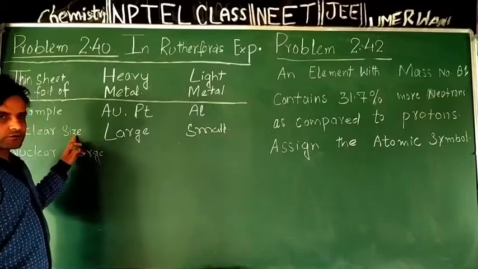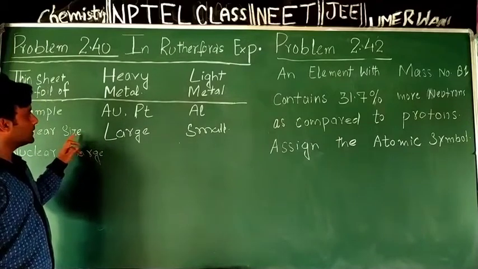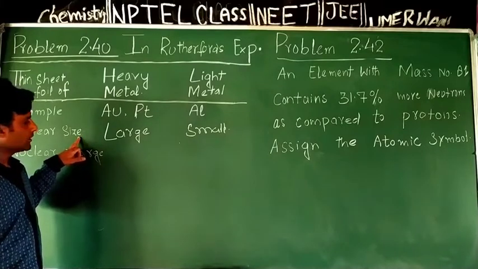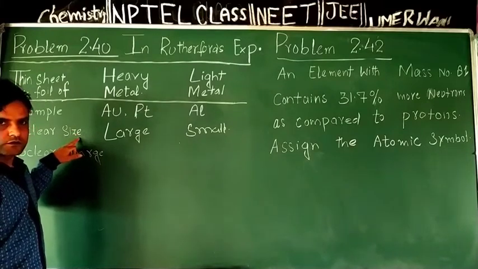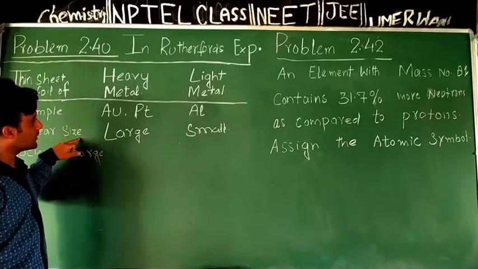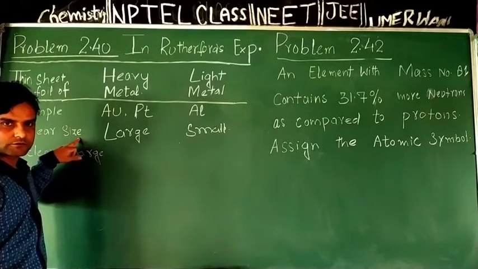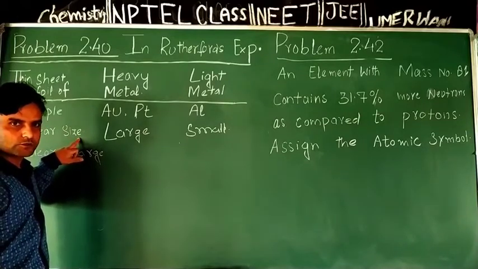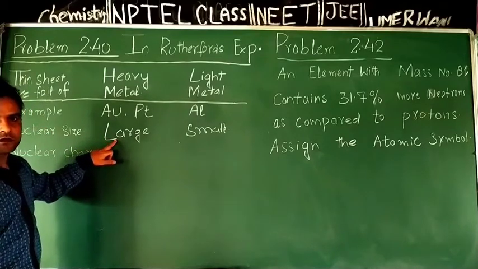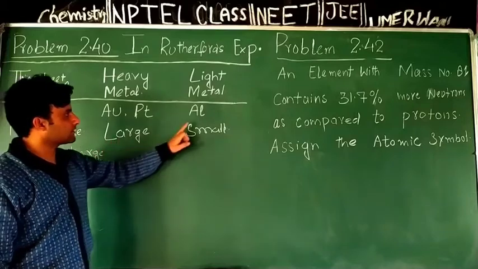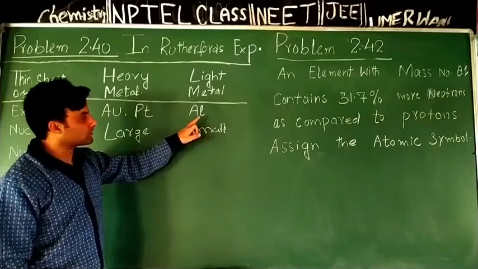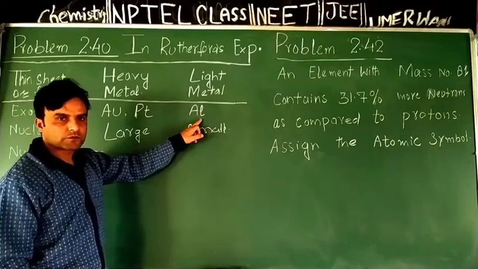As size of nucleus of gold atom or platinum atom is large, it means mass of nucleus of gold or platinum atom is large, and mass is due to nucleons. It means nucleus of gold and platinum will have greater number of nucleons as compared to the number of nucleons present in nucleus of aluminum atom.